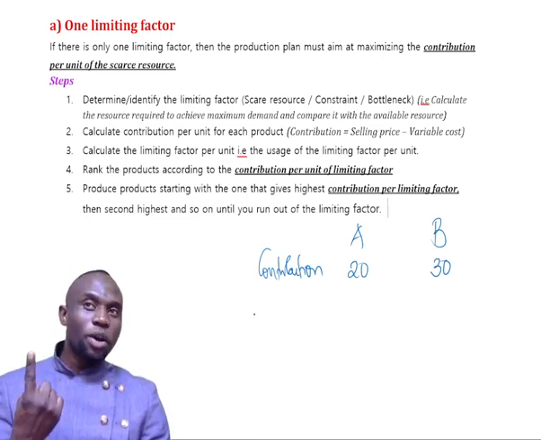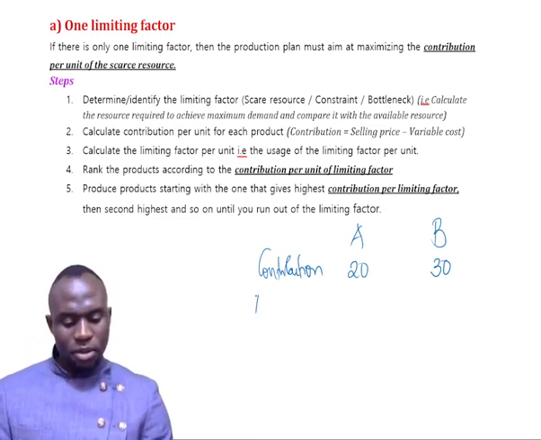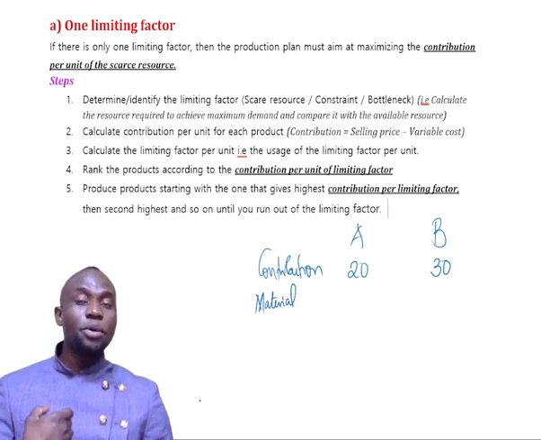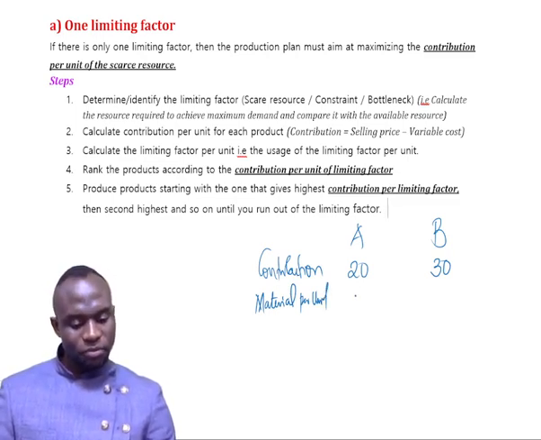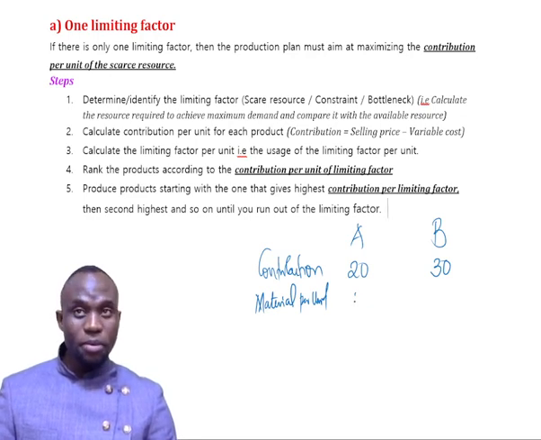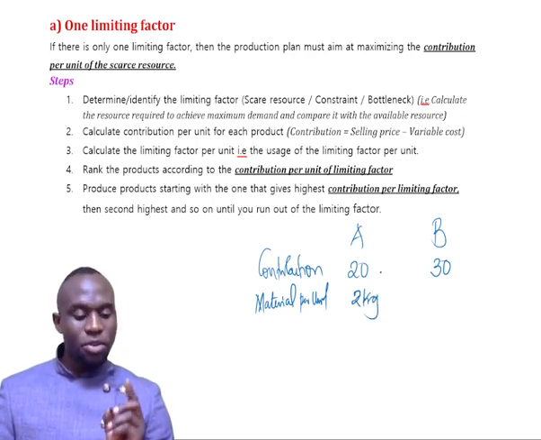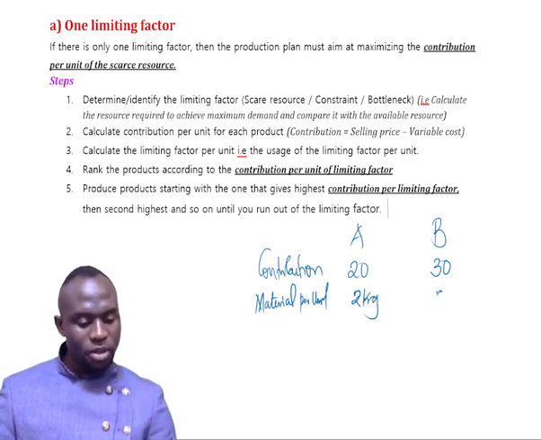Now to produce 1 unit of product A, this is the material that we use. So material per unit: for each unit of A, we use maybe 2 kilograms, but for B, for each unit, we use maybe 6 kilograms.